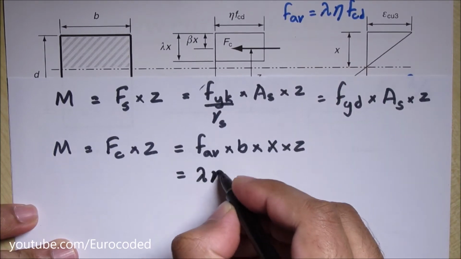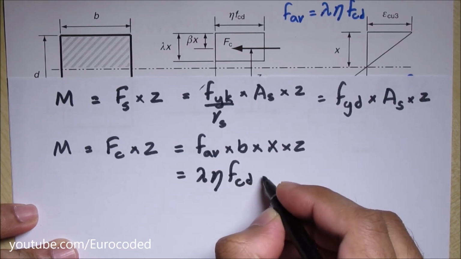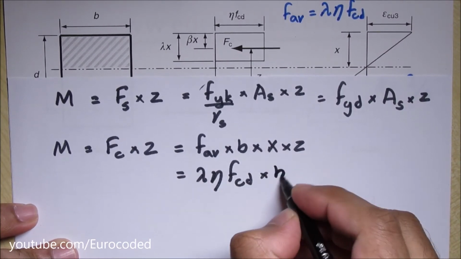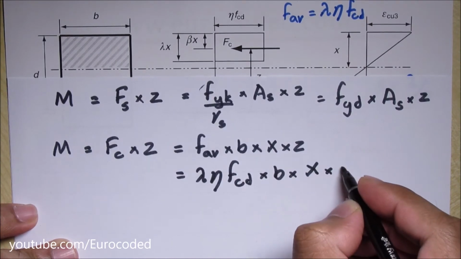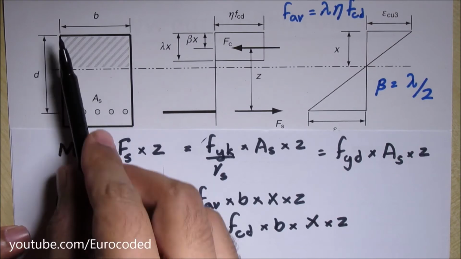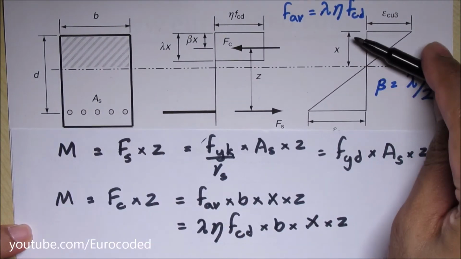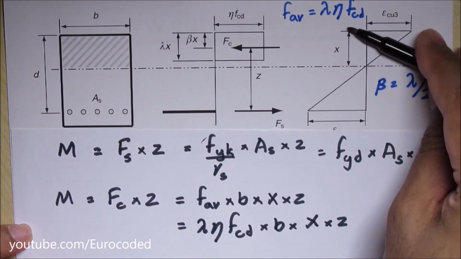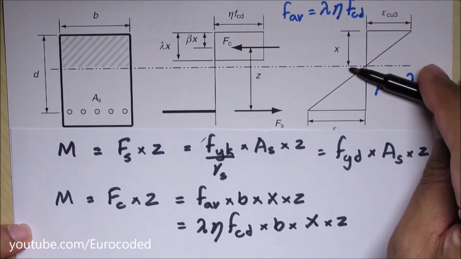Lambda eta FCD times B times X times Z. In this equation, B is the breadth of this concrete section and X is this height here from the topmost compressive fiber to the neutral axis.